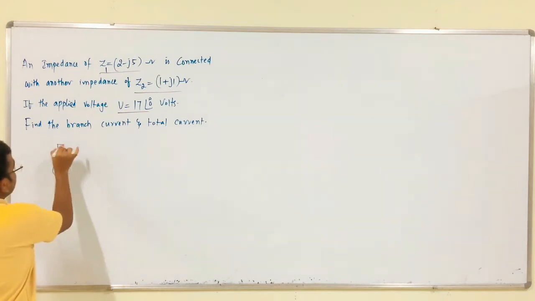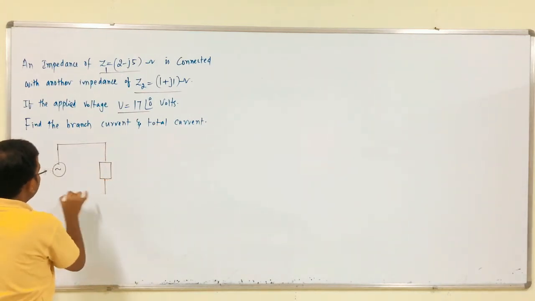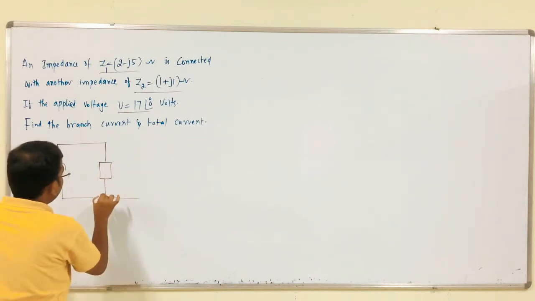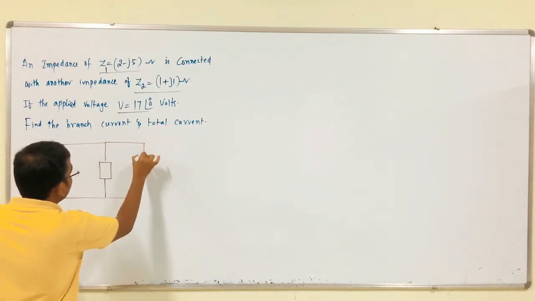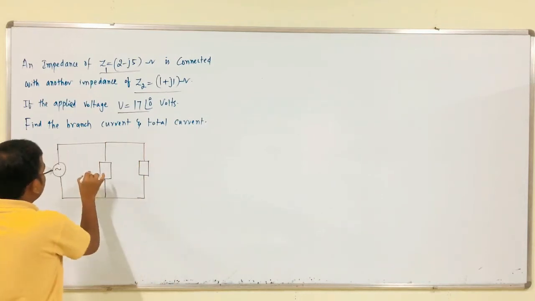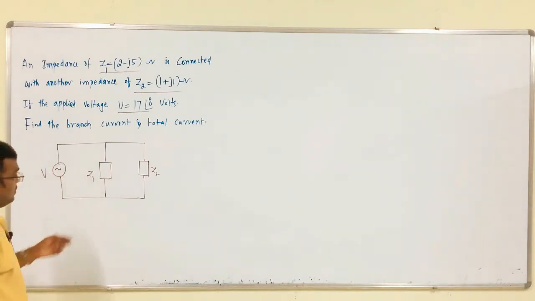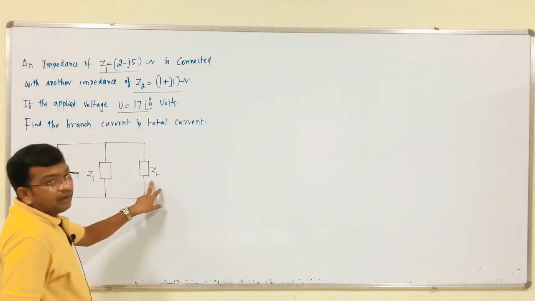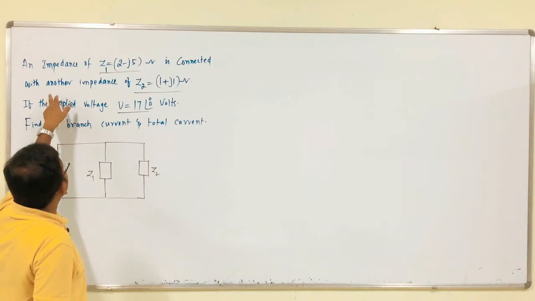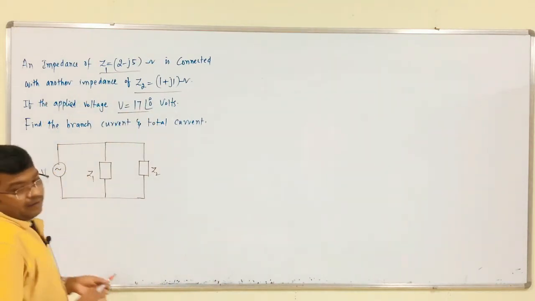We have one branch of impedance, which should be represented with a box, with another impedance Z2. This is Z1, this is Z2, and this is supply voltage V. These two impedances are connected in parallel.